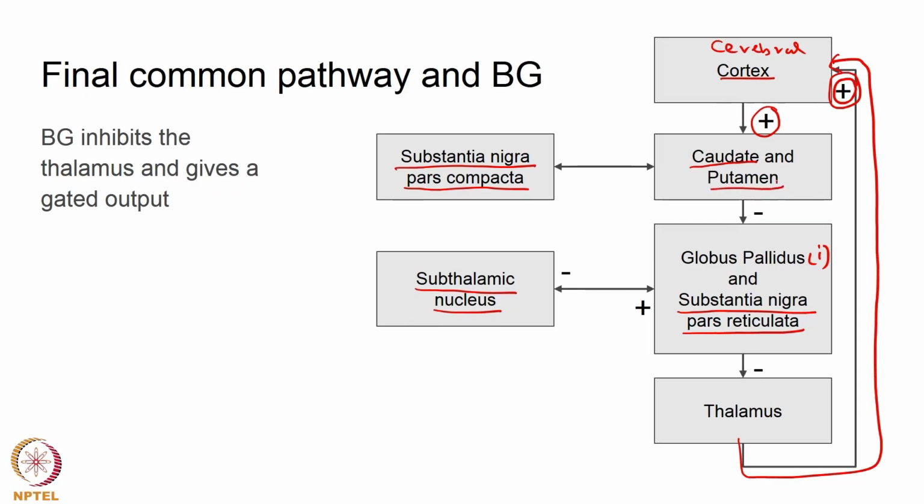We will discuss all these things in greater detail in future classes. For this slide, it is sufficient to know that the thalamocortical neurons are tonically inhibited by the output of the basal ganglia, and they are released from time to time, and when they are released, the movement appears.